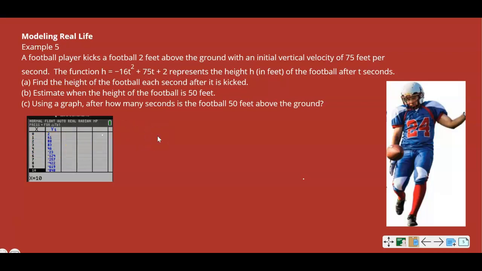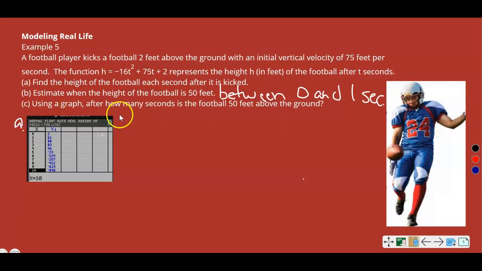So to estimate when the height of the football is 50 feet, I'm going to put between 0 and 1 second. All right. And this is part A because we generated a table using the equation.